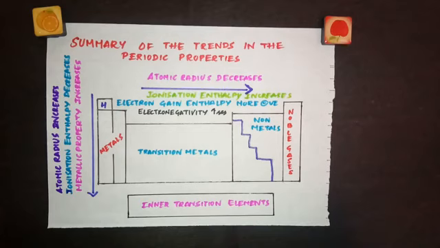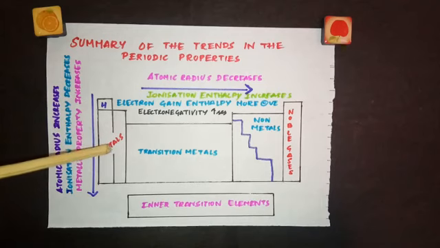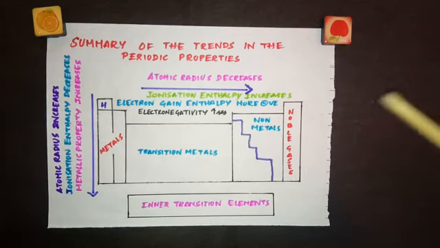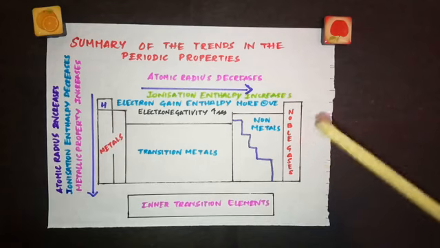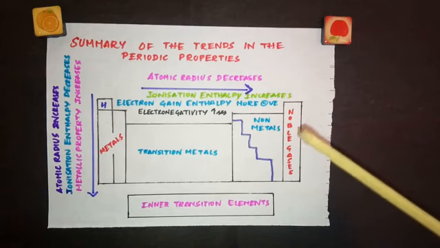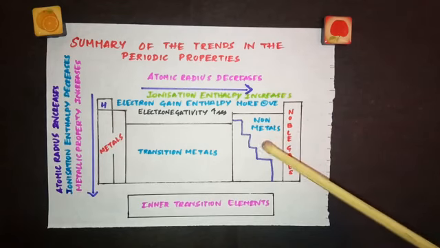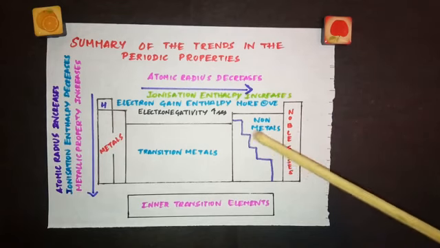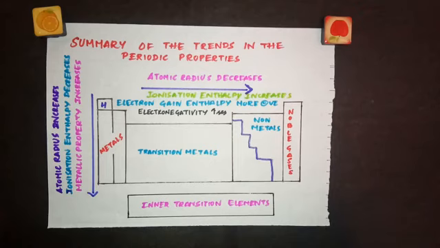At the extreme left it is due to the loss of an electron leading to the formation of a cation, and at the extreme right, which means among halogens, it is shown by the gain of an electron forming an anion. So at both ends the chemical reactivity is more, and this property of losing and gaining electrons is related to the reducing and oxidizing behavior of the elements, which you will be learning later in the redox reactions lesson.